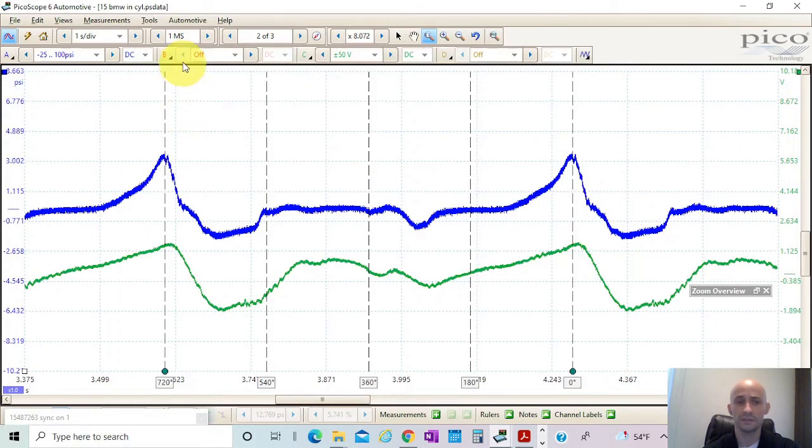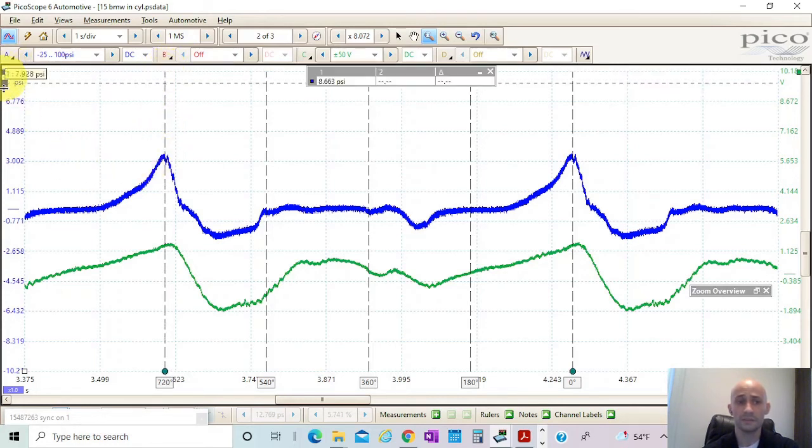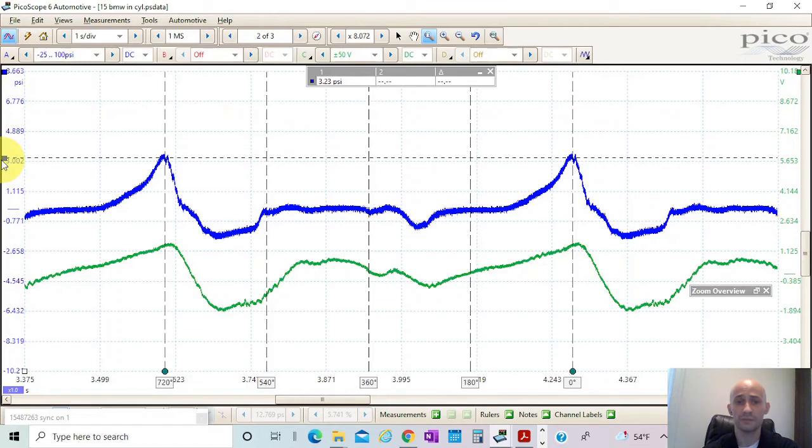Okay, so this is the in-cylinder pressure waveform for cylinder number 5. We can see our peak compression is only 3.2 psi, and I will say this is during cranking. So as this piston goes up here, which is going to be a compression stroke at top dead center, we are building a lot of pressure inside this crankcase.